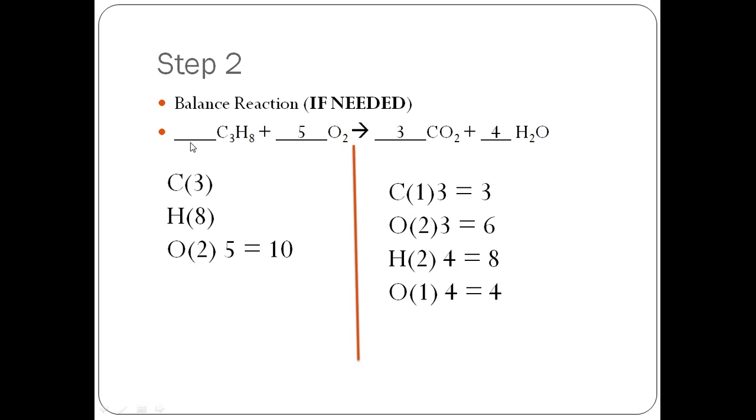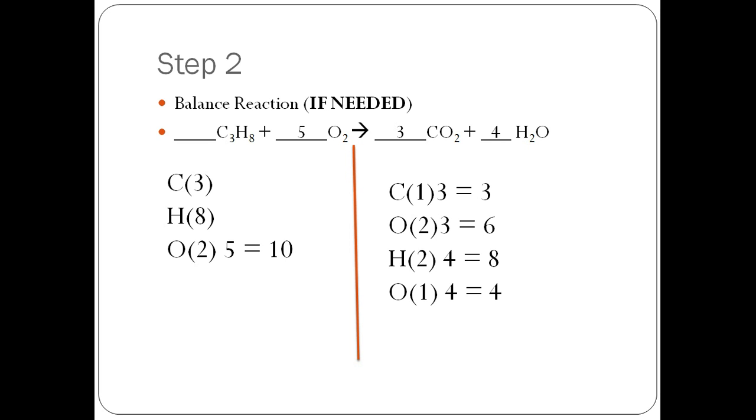And then we have to take also into consideration that we want to balance the carbon, because there's 3 carbon atoms on the left side, and only 1 carbon atom on the right side. So therefore you're going to put a coefficient of 3 in front of the carbon dioxide molecule, and you're going to multiply the 3 times 1, which gives you 3, and then the 3 times 2 oxygen atoms will give you 6, and therefore we end up with 6 oxygen atoms.